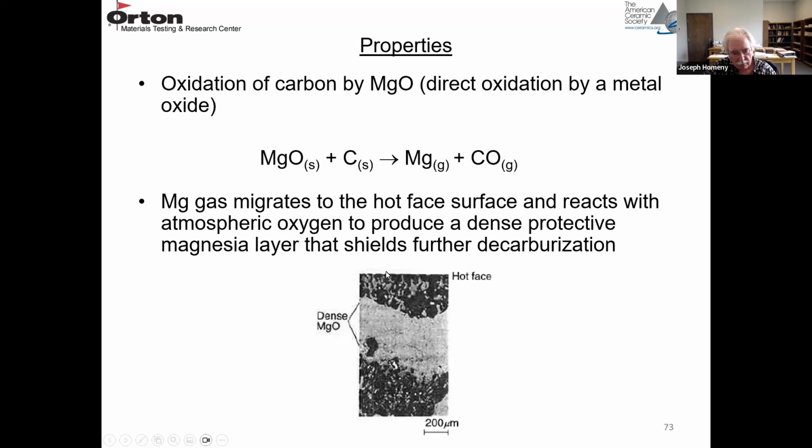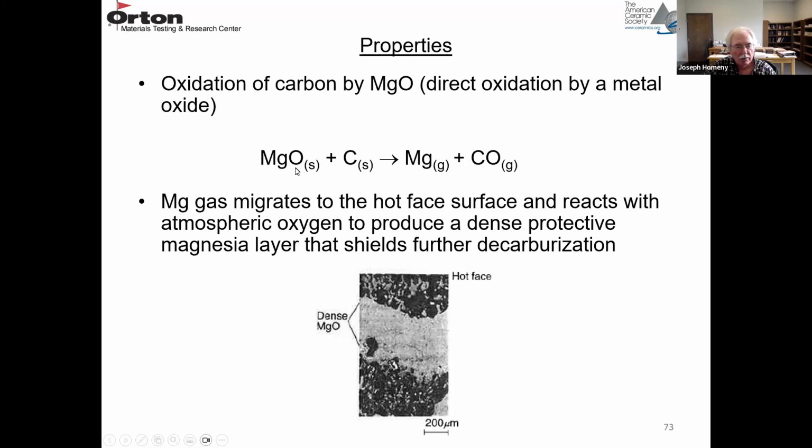So this is a refractory microstructure at the hot face. So right here is the hot face. This micron marker is 200 microns. So back about 200 microns, right behind the hot face, you're forming a dense MgO layer. So this bright area is the MgO layer that forms.